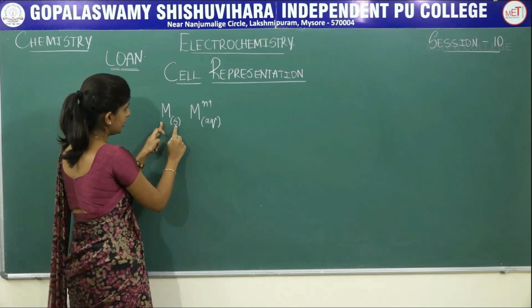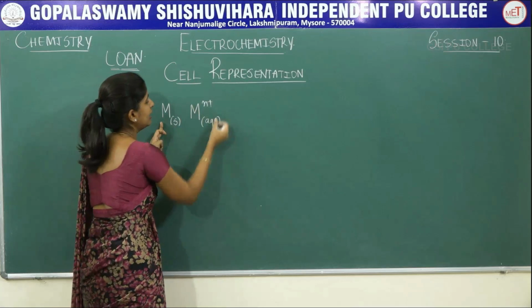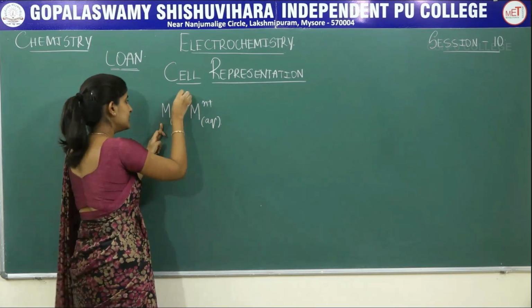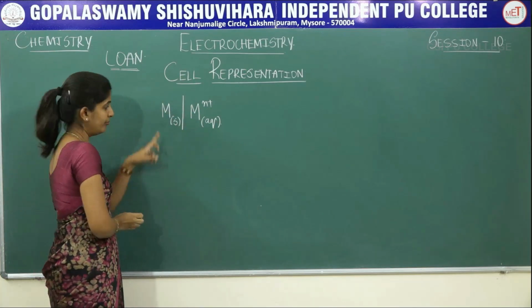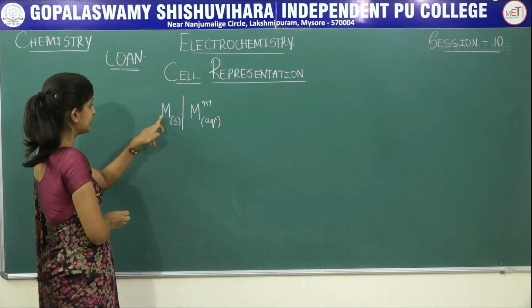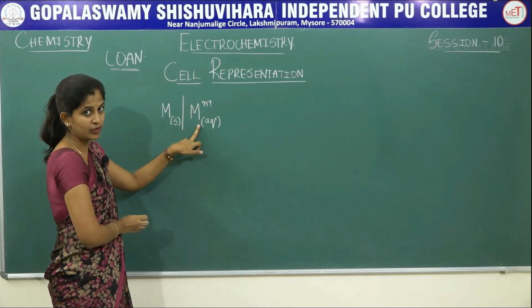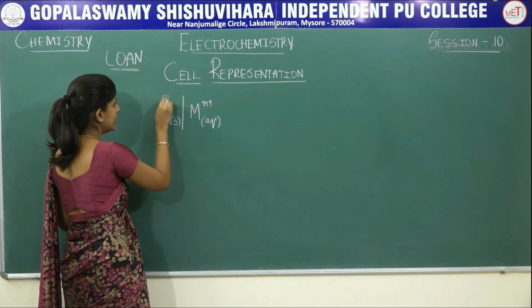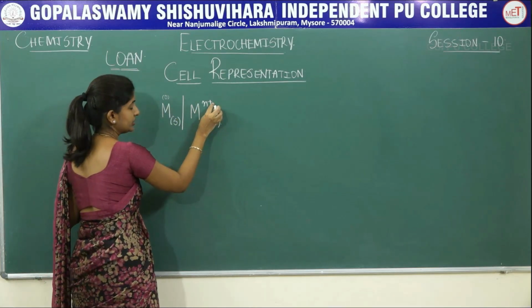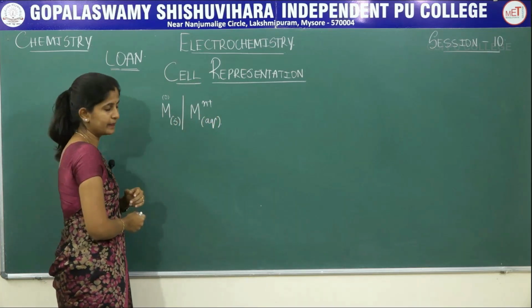So the solid metal and the metal ion, which has lost electrons and entered the aqueous medium, are separated by a line like this. The respective metal acts as the anode here, and its ion is present in the aqueous medium after oxidation. You can observe the metal is in zero oxidation state. It has lost electrons, so it becomes positively charged. So there is oxidation in the first portion of your cell.